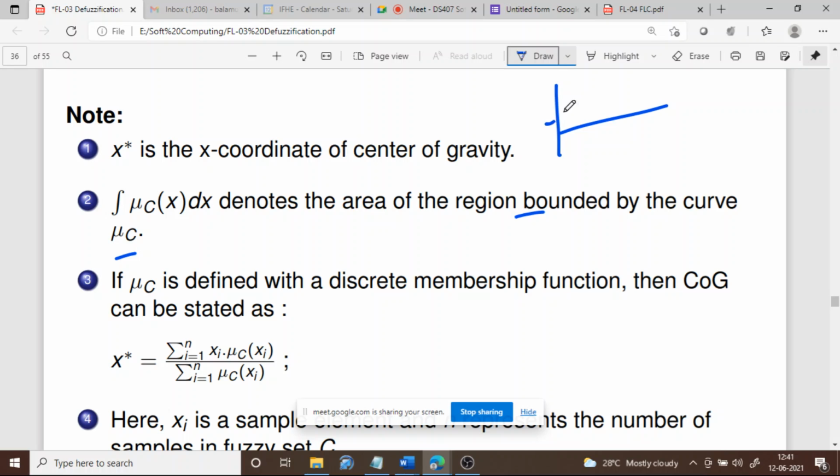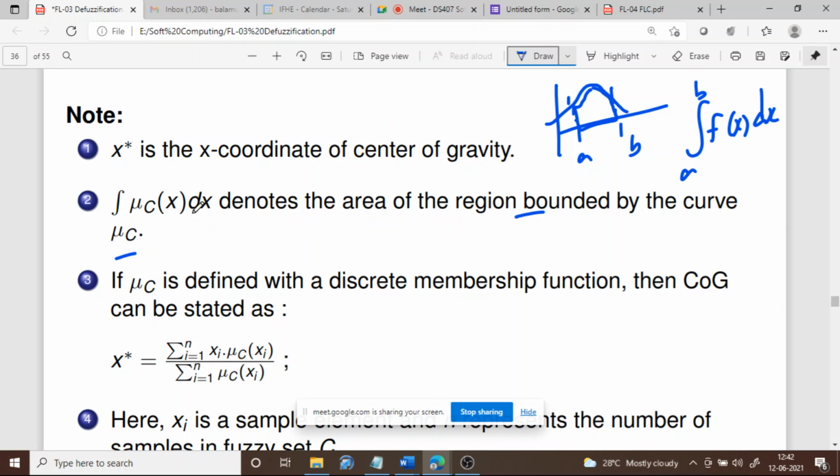Any curve can be represented as a function, and if you integrate over that function, you will get the area of that curve. If you integrate from a to b on the function f of x, you will get the area of that portion. If you integrate the entire curve, you will get the area of the whole curve.